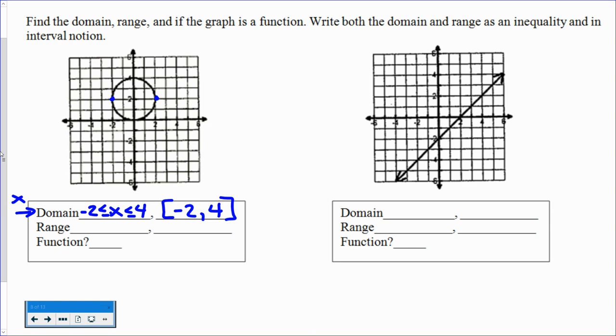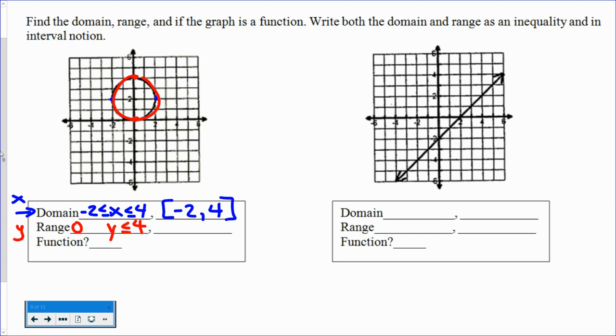Okay, for my range, now I'm looking across the y-axis because that is for y. And so I'm looking at what is the lowest y value, what is the highest y value. So here's my lowest, there's my highest, everything is in between. So that means it must be between 0 and 4.